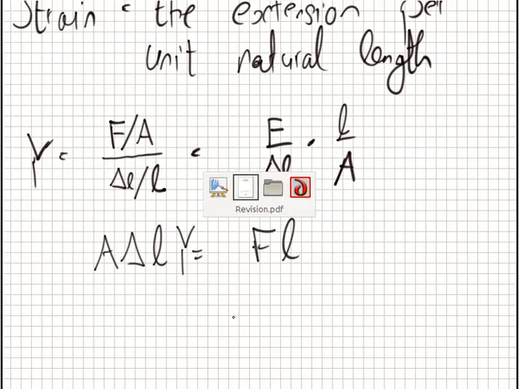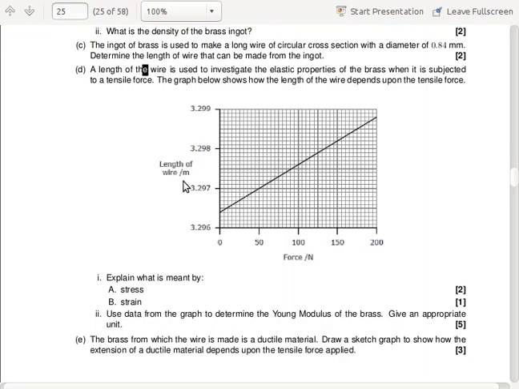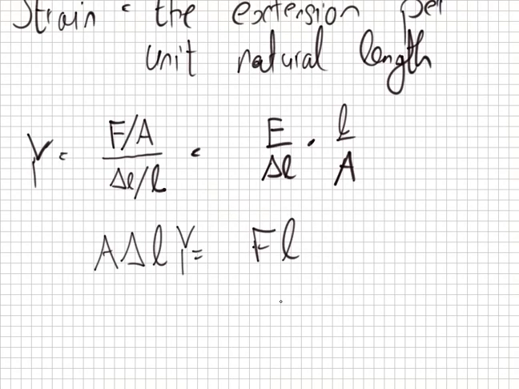Now I don't know if they said, is that length or is that extension? Let's see. The length of wire and then the force. It should have to form y equal to x plus c. It should, but I can't get it like that because the y and the x are multiplied here. I do wonder if they meant to say something else, the extension, I don't know.